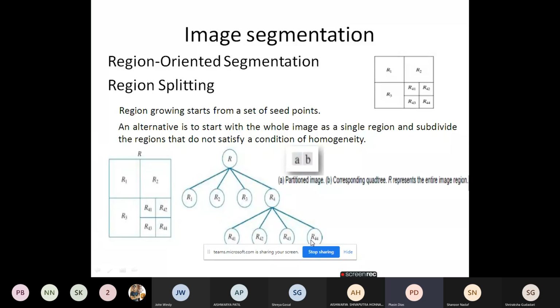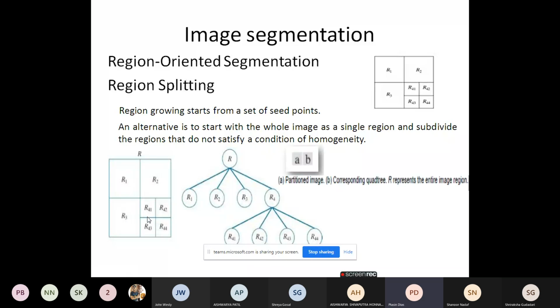Then how do we summarize this procedure? We split any region Ri into 4 disjoint quadrants.